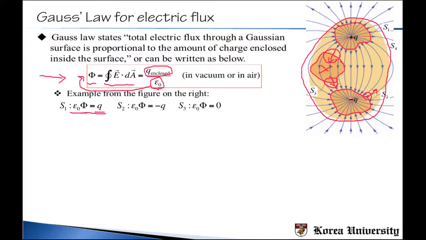Let's use Gauss's law, and what it says is that each charge individually does not matter. What matters is the total enclosed charge. So plus Q minus Q, you get 0. Again, Gauss's law says that if you make a total integration of the electric flux throughout this Gaussian surface, what you get is 0.